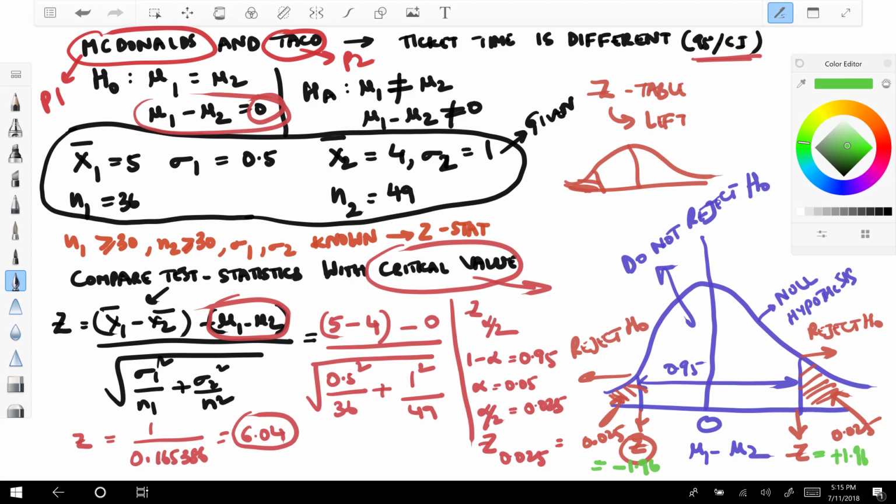So now I am comparing my critical value with my z stat value. So 6.07, where does it lie? Here I have a z value of positive 1.96. So my 6.04 will lie towards the right. So somewhere here I will have 6.04, suppose. It falls in the rejection region, so we will say reject H null.